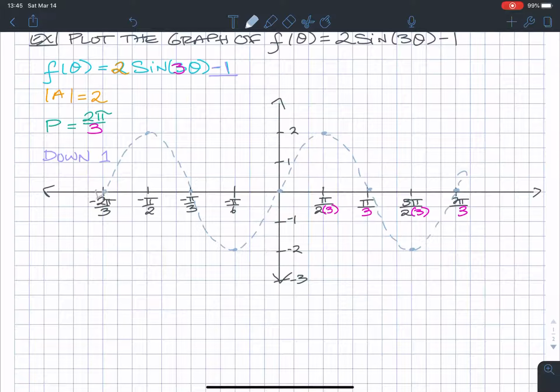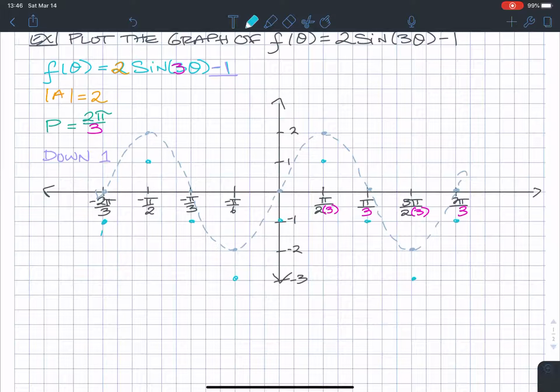Okay, but I want to shift each of these points that I plotted, the quadrantal points. Let's shift them down 1. So each of the points that I plotted, I'm going to shift down 1 unit, because the minus 1 does that, and we're subtracting 1 from the y coordinate.